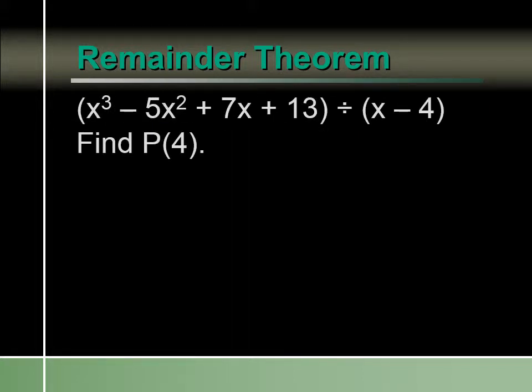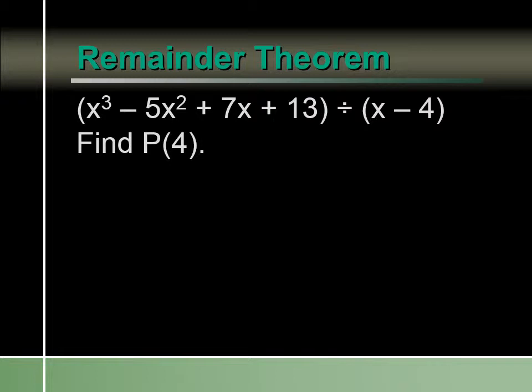Let's say we have x cubed minus 5x squared plus 7x plus 13 divided by x minus 4. Before, you would have to do long division and figure out what your answer was and figure out what the remainder is. Not anymore. You know that all you have to plug in is your a value. Now remember, it's x minus a, and this is x minus 4, which means a is equal to 4.